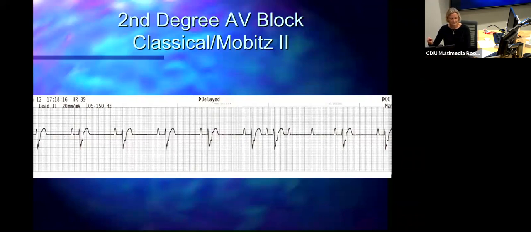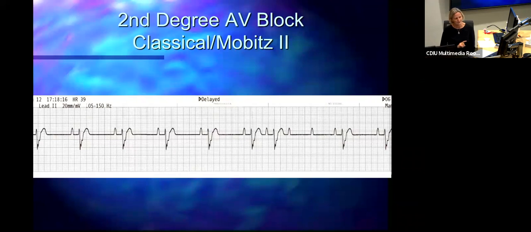But she knows when that twin starts going out again, it's going to be a short PR interval conducted to a QRS, and then it'll get longer, the PR interval, and longer till we just see a P which does not get conducted, and then the cycle will start with short, longer all over again.